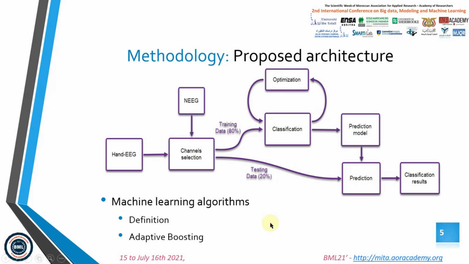So for classification we use the adaptive boosting algorithm. This algorithm is based on the gradient boosting model like LightGBM and extreme gradient boosting. There are also other machine learning algorithms that can predict the EEG data and give high results like the random forest and the extra trees and the K-nearest neighbors, etc.